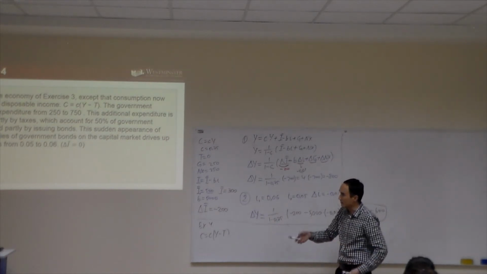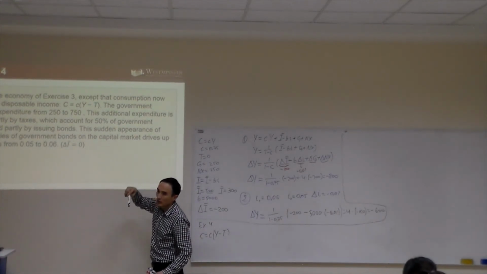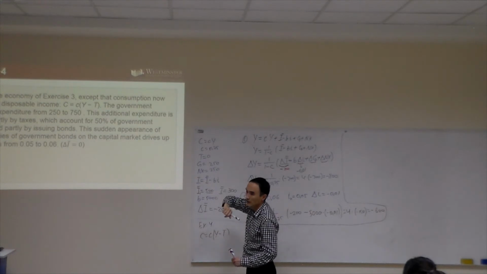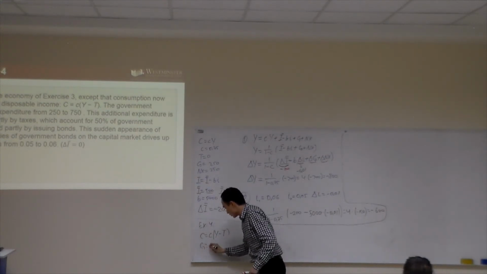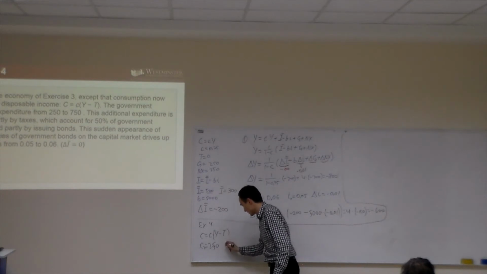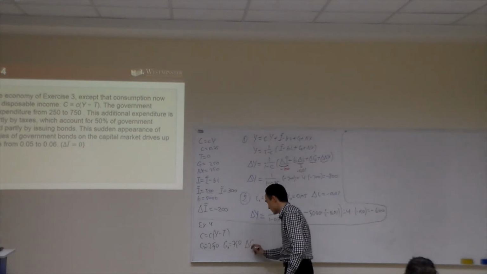So the government increased expenditure from 250 initially to 750, implementing expansionary fiscal policy.